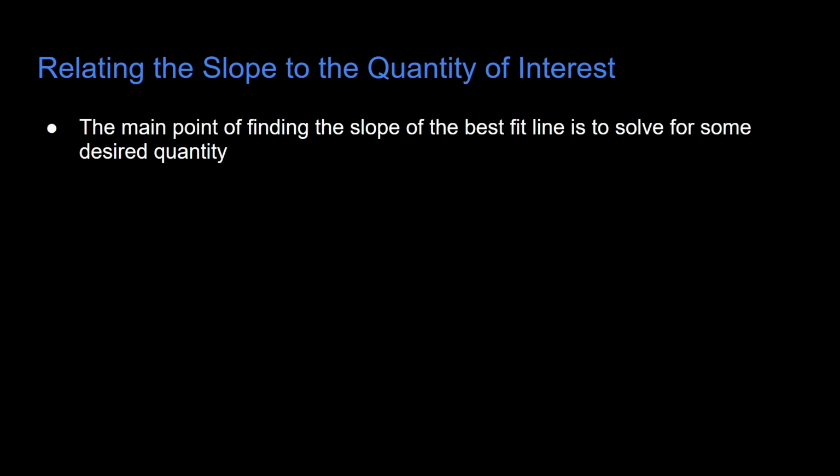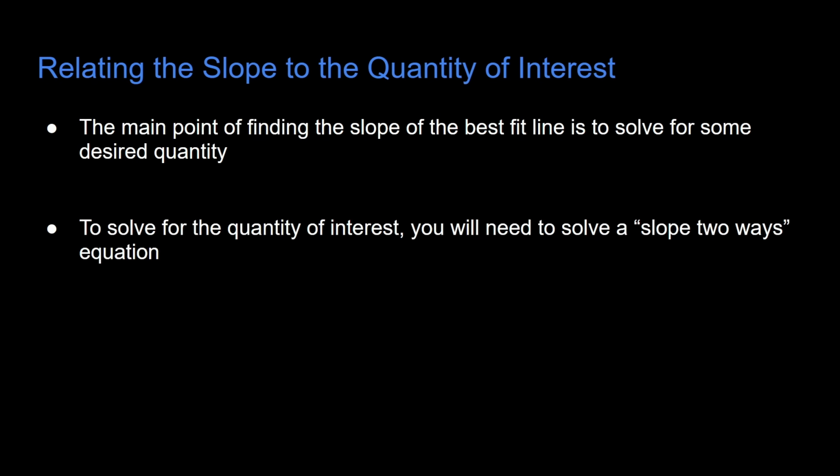Then lastly, you set your slope two ways equal to each other, and you can solve for what you want. First, you have the slope of your model, which existed before you even did an experiment. You'll have slope equals a bunch of constants.